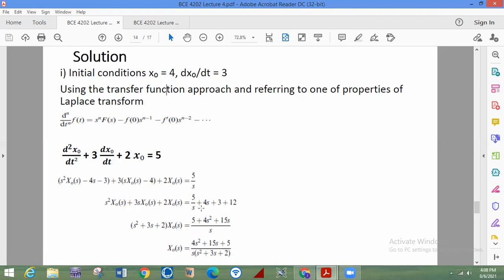So when you do the rearrangement, you come to this point. But the whole point is that you should be able to understand how you apply this property of Laplace transform of a derivative into your second order. This is a second order differential equation. We reviewed differential equations in the previous lecture.